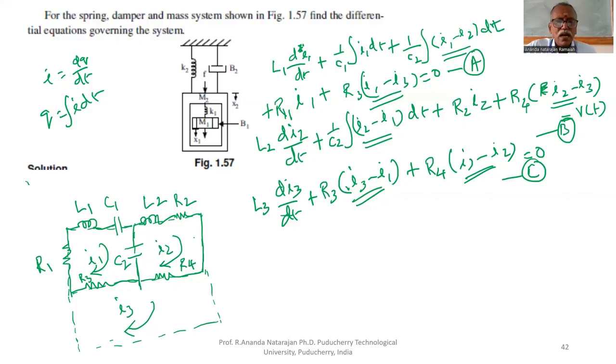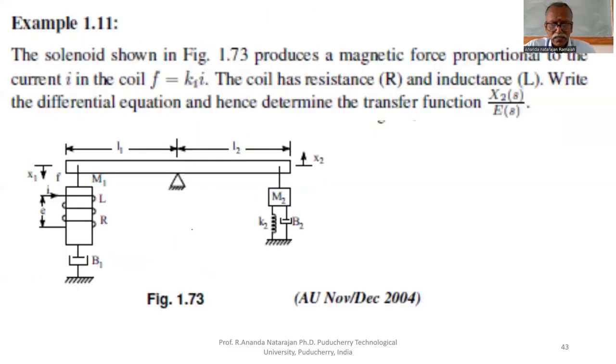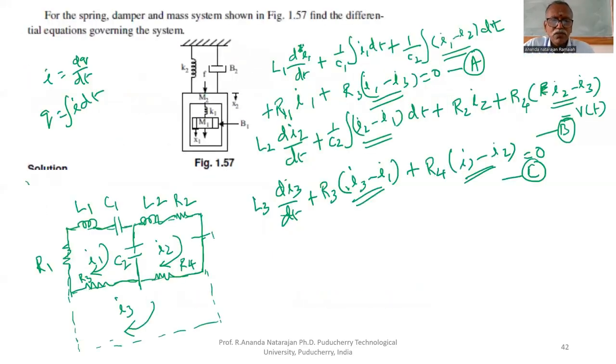V of t is in this loop only, so V of t is applied here. So the capacitor, I have to remove this line. Be careful.